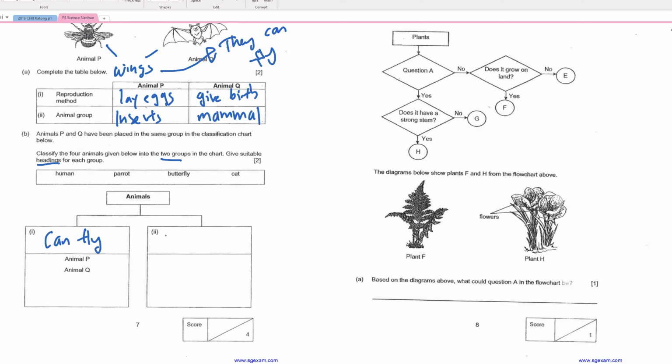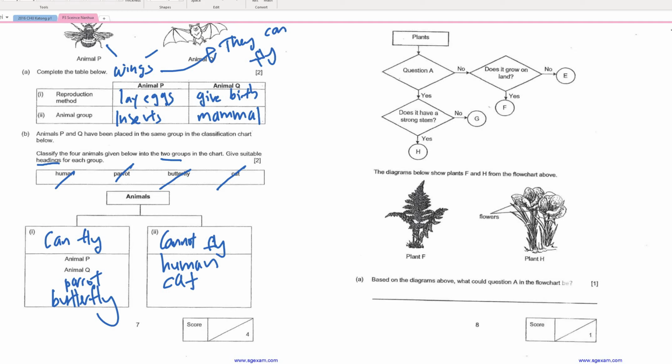That means the other heading is cannot fly. Human, we are human and we cannot fly. How about parrot? Parrot is a bird, it can fly, so we put parrot over here. Next, butterfly. Butterflies have wings, they can fly. And lastly, cat. Cats do not have wings, they cannot fly.